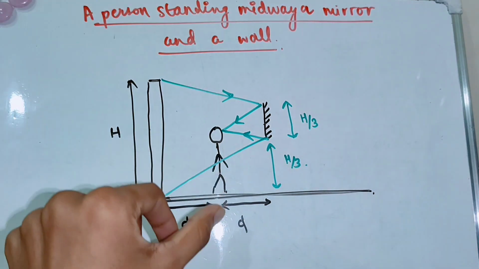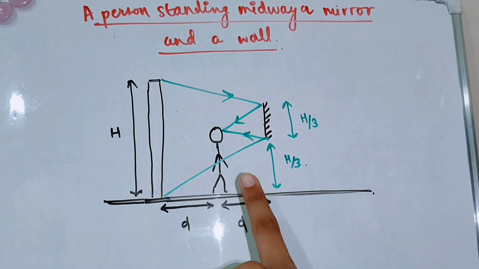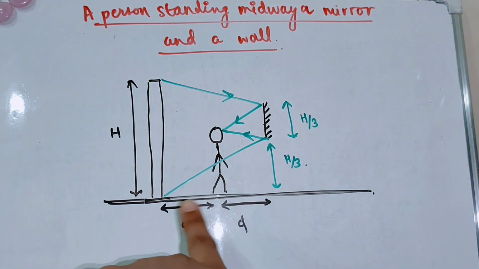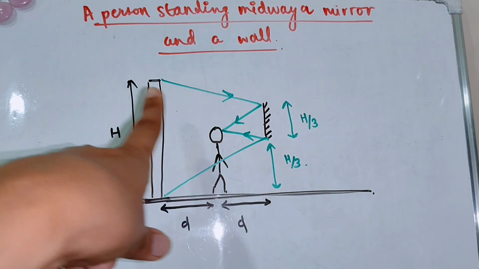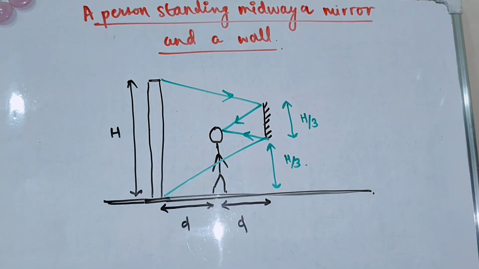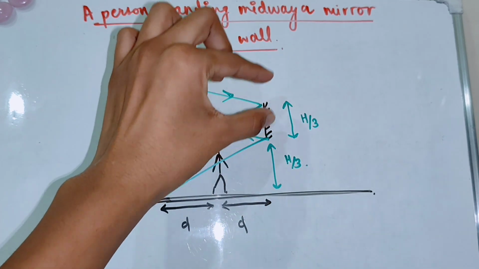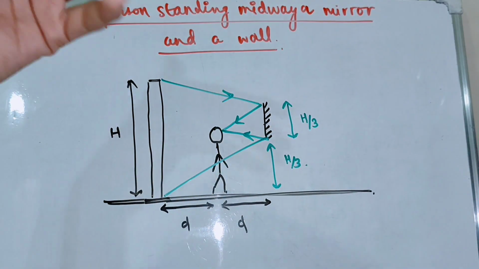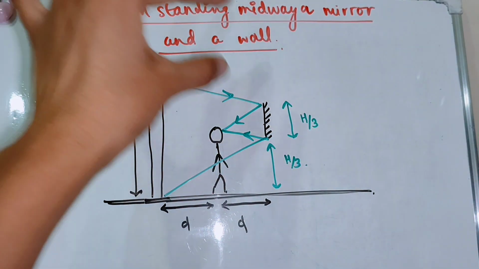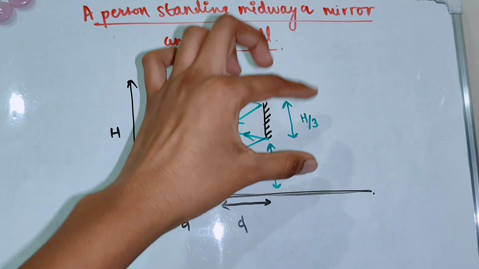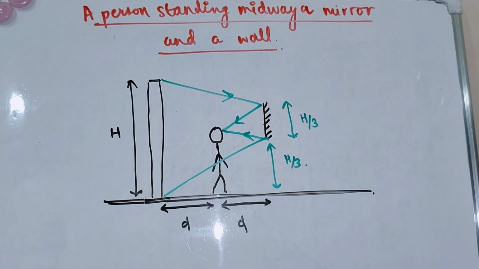And you should be in the middle, like the distance of your position should be right in the middle of the mirror and the wall. And this height is mandatory, but the length of the mirror, h by 3, is the minimum. It can be more. You can take this much big mirror, this much big mirror. H by 3 is the minimum length of the mirror.